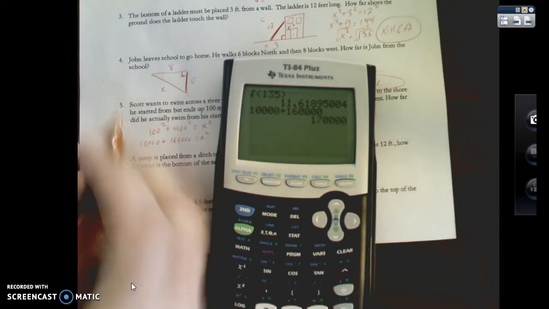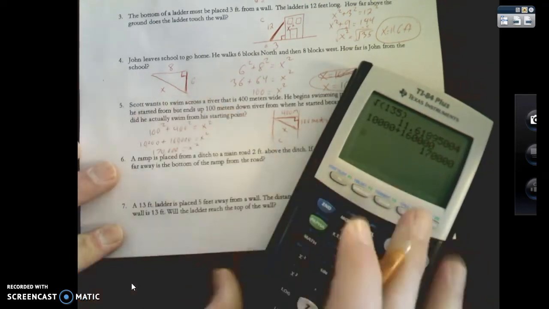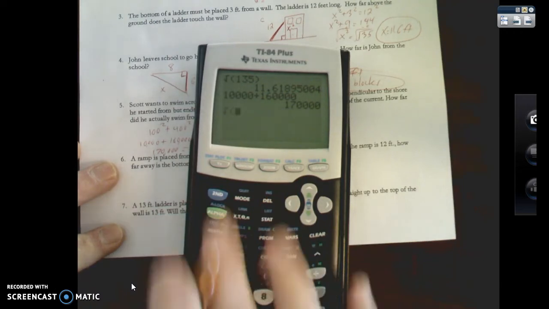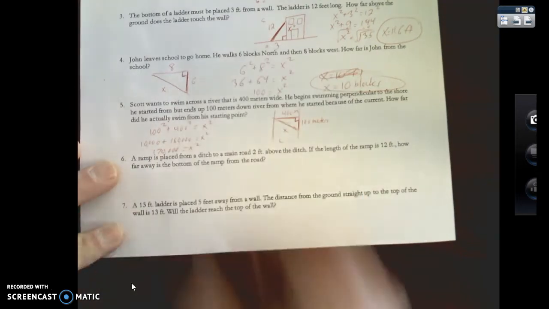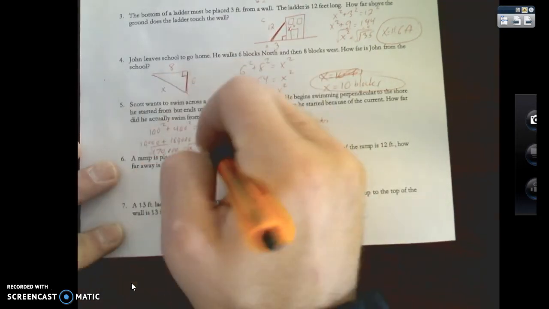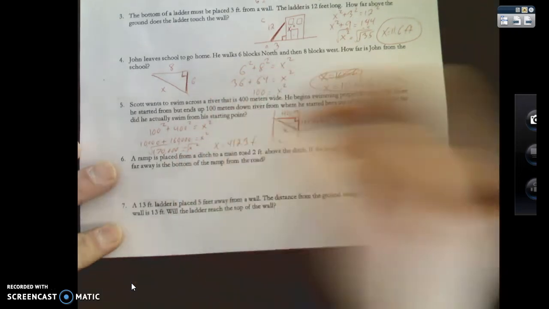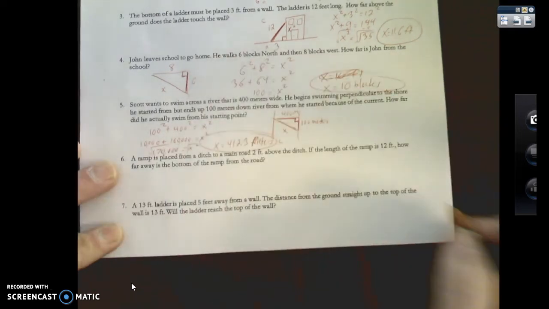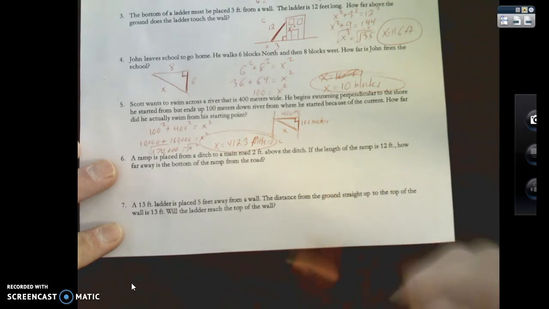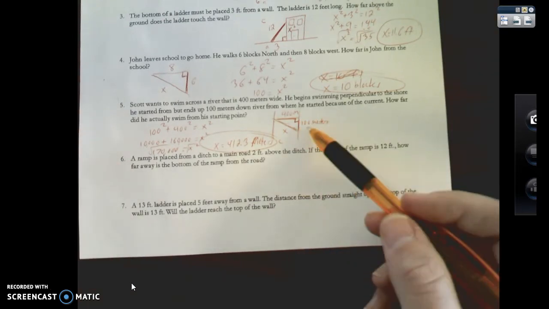So we're looking at 170,000. I want to square root that. Second square root pulls up the answer. 412.3. Okay, we're talking about meters. Always read directions. Did that on purpose. Again, this makes sense because it's larger than the other two sides.